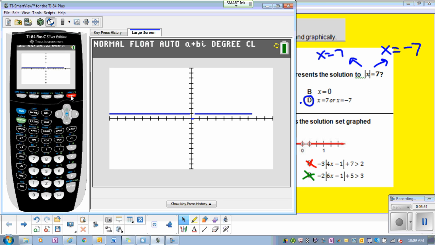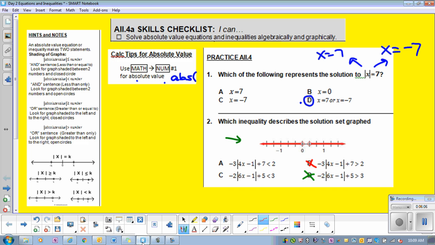Perfect. This is the one that I want. You see, it's an OR graph, first of all, and it's between 0 and, what is that, like a quarter, 0.25. So that one's C.